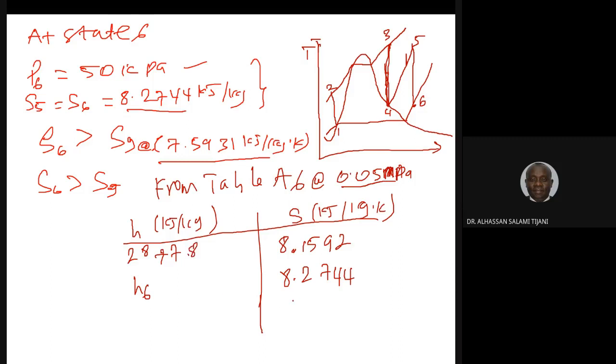Similarly, an entropy which is greater than this, 8.3568. Then its corresponding enthalpy is 2976.2.